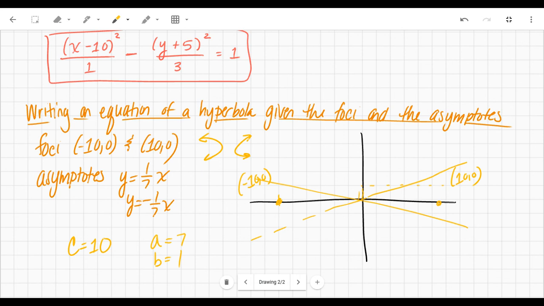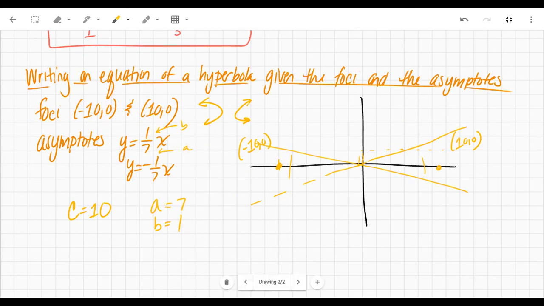The fact that we go left and right 7 and up and down 1 is to connect those corners. And that's your B and that's your A. Whatever's with the Y is how far up you go, the rise, and whatever's with the X would be how far left and right you go.